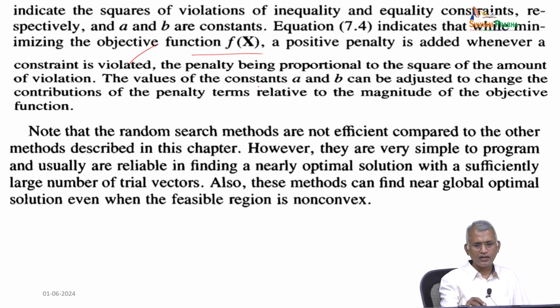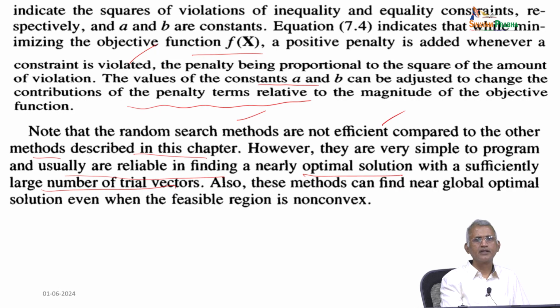The values of the constants a and b can be adjusted to change the relative weight of the penalty terms compared to the magnitude of the objective function. We have to note that random search methods are not efficient compared to other methods described in the chapter. However, they are very simple to program and usually reliable in finding a nearly optimal solution with a sufficiently large number of trial vectors.